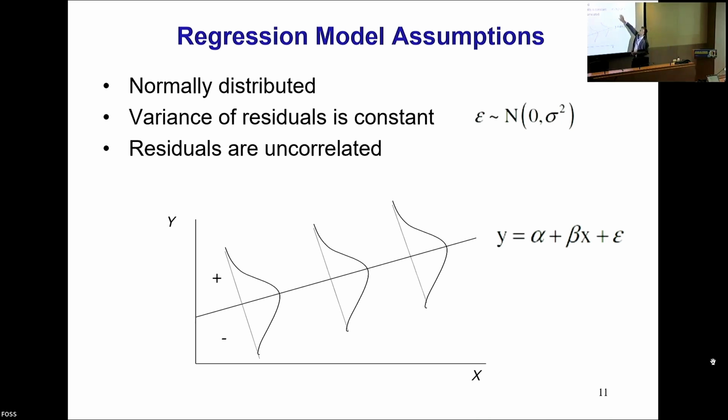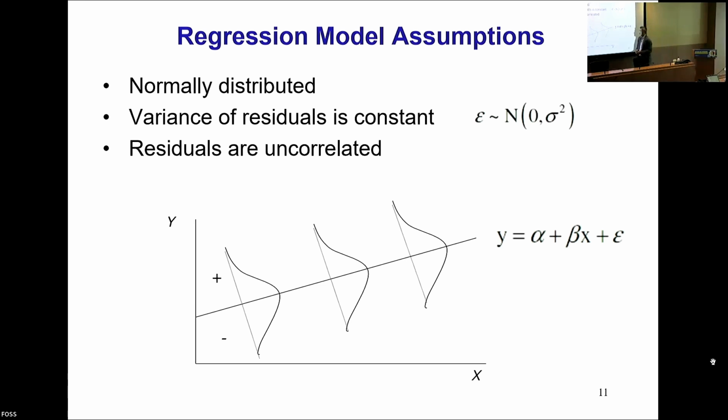So this is the standard way of denoting those top two assumptions, that the error terms, the residuals, are normally distributed, so capital N, with a mean of 0 and a constant variance. Constant variance is that sigma squared. That's the typical statistical notation that people use to denote those top two assumptions. The third assumption is that the residuals are uncorrelated.